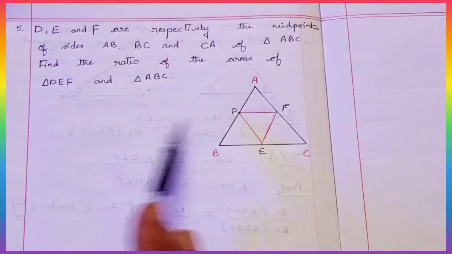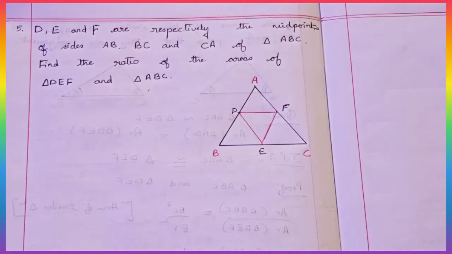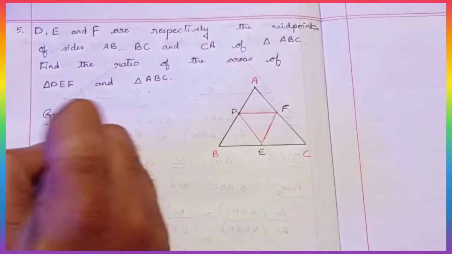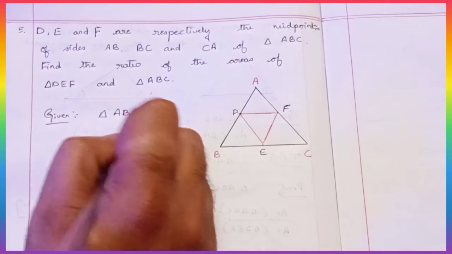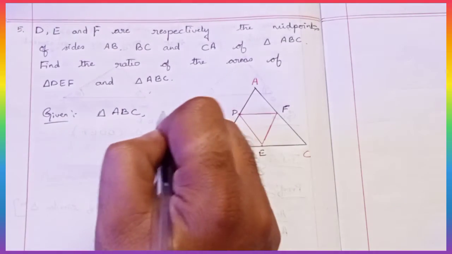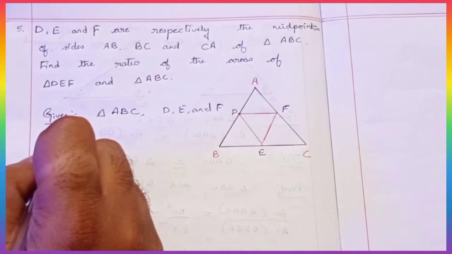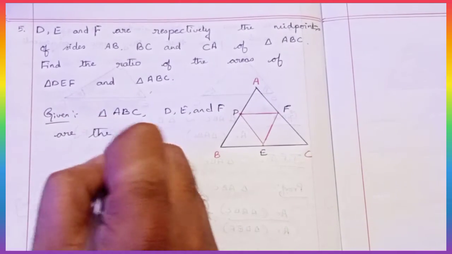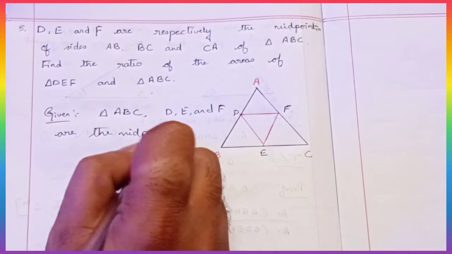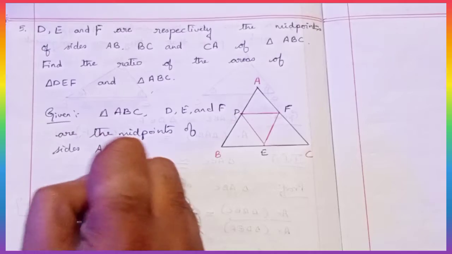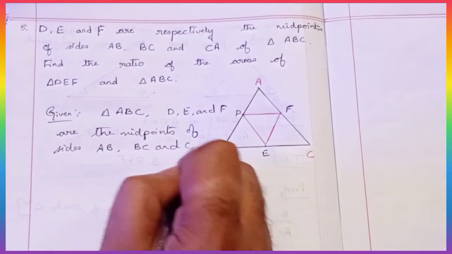See, we are going to find the ratio of the areas of those two triangles by using the midpoint theorem statement. So before that, we will write what is given here. They have given the triangle ABC, where D, E and F are the midpoints of sides AB, BC and CA.